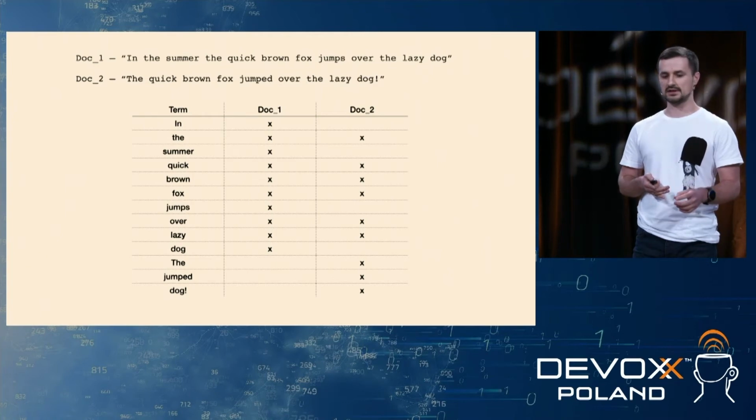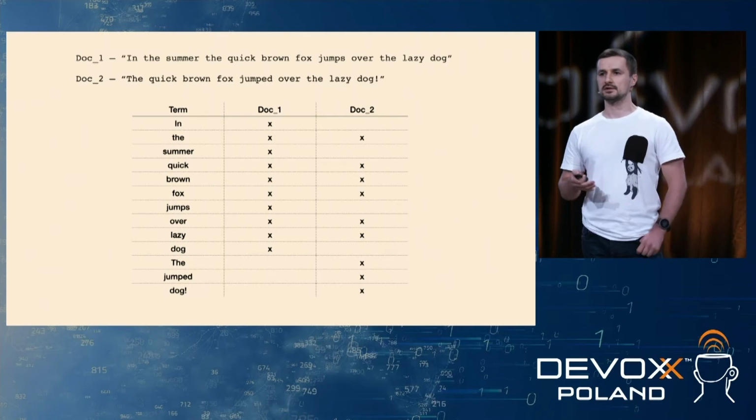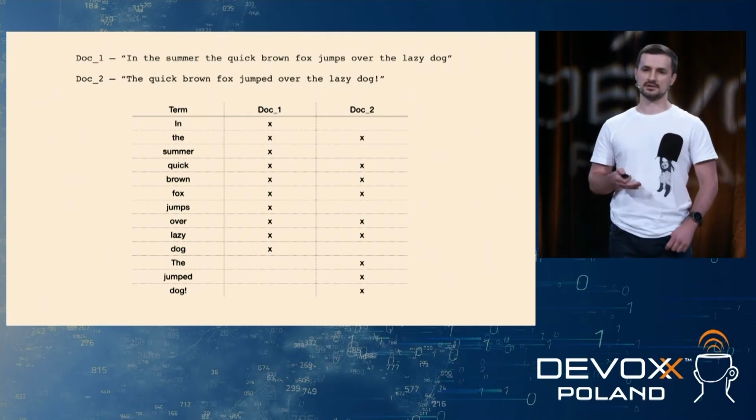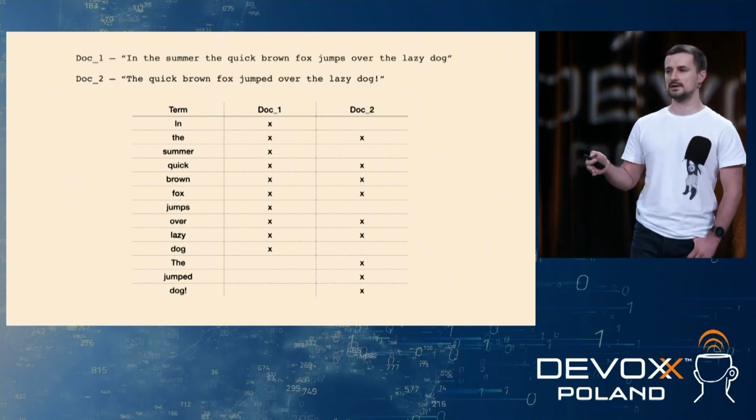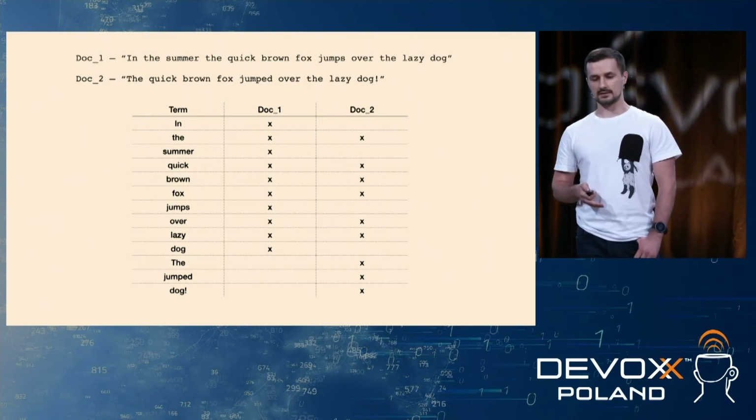And here, the keys are the words. Actually, they don't have to be words. They can be phrases, like 2-word phrases, but let's focus on words right now. And we store the information on the documents in which those terms are contained.